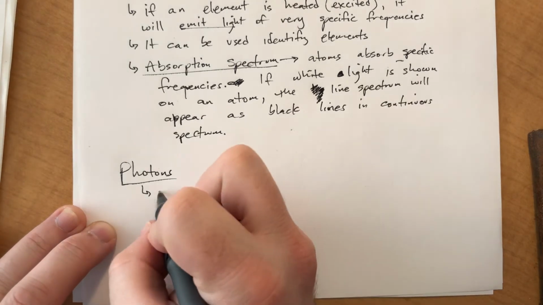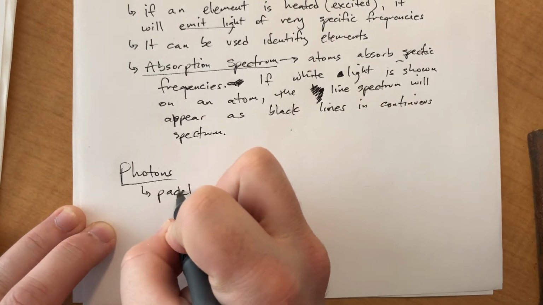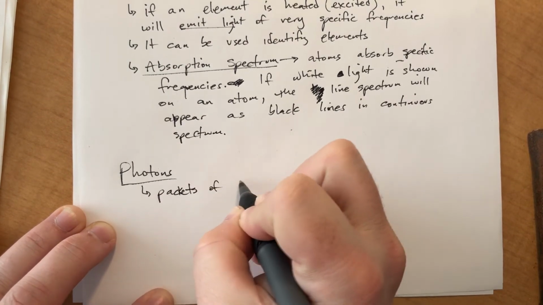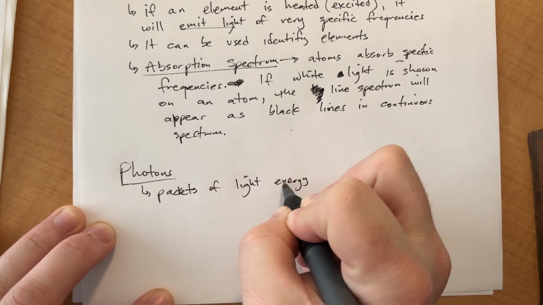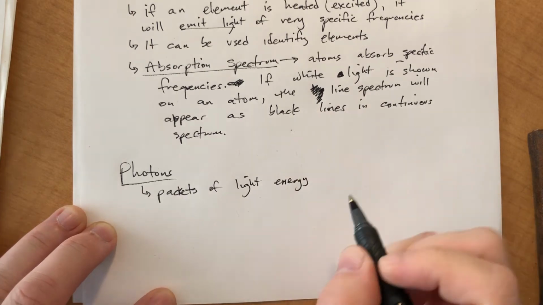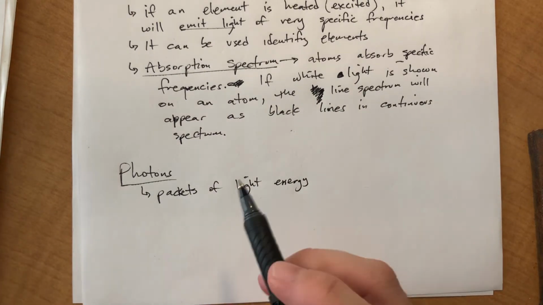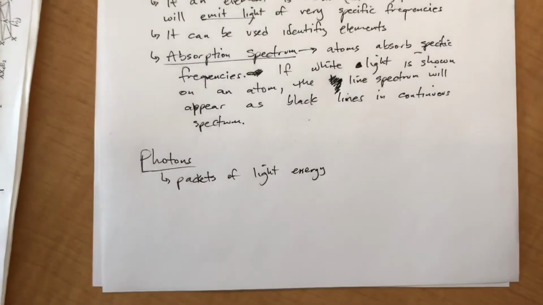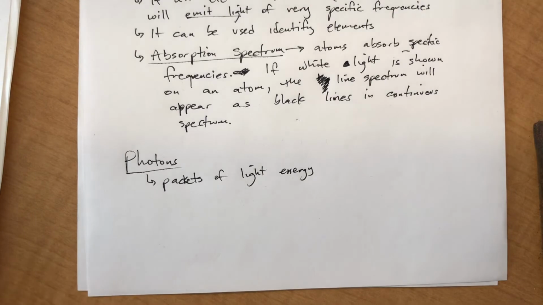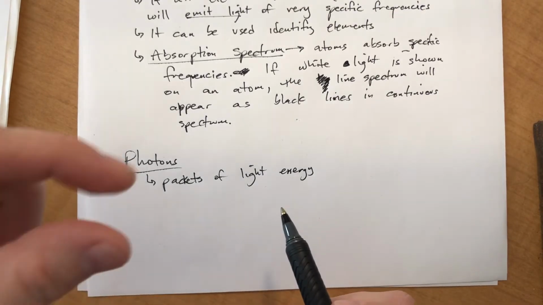So photons are packets of light energy. Basically, light, when it's emitted, like when this light bulb is shining on things, is emitted in little packets of energy.